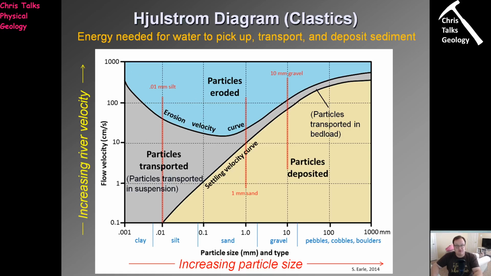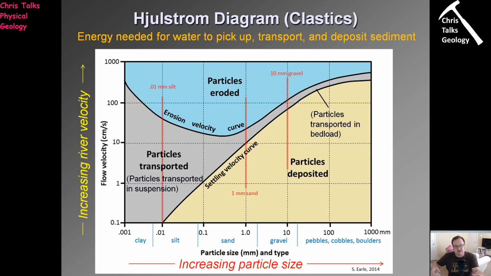That's a very, very powerful flow. If we come across here, we can see that we are eroding clays, silts, sands, gravels, pebbles, cobbles and boulders. So that means our medium, probably water, is able to essentially extract these particle sizes, these clast sizes, and begin to transport them along.